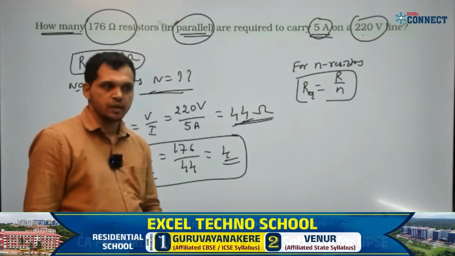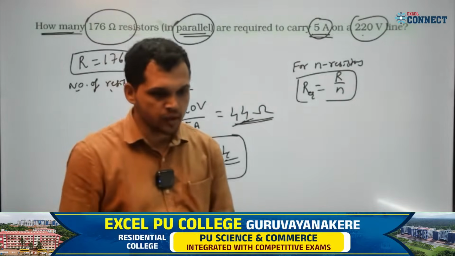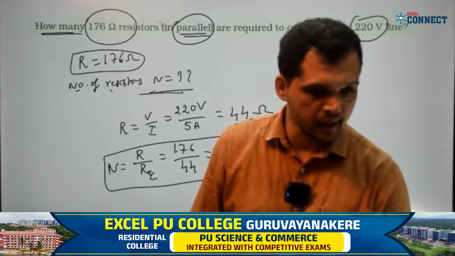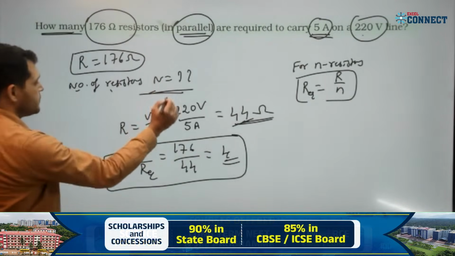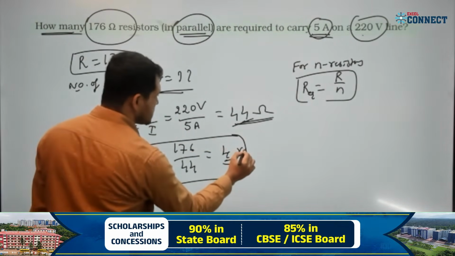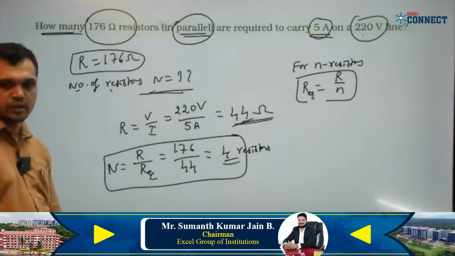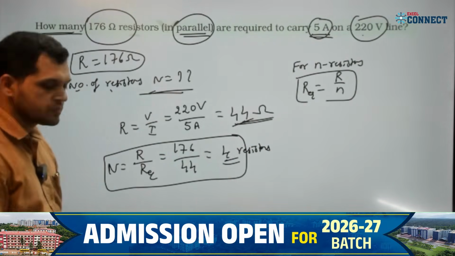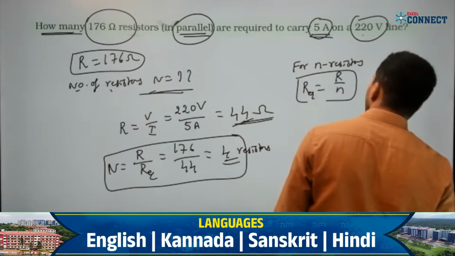Is it clear? I hope many students understood. The correct answer was given there. 4 resistors. So the answer is 4 resistors. 4 resistors are required. Is it clear? If you understood, if any other question is there, I will go for that.